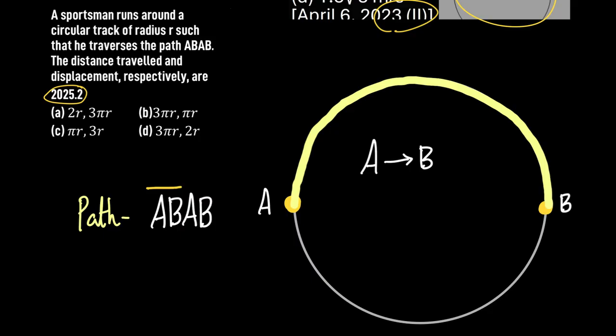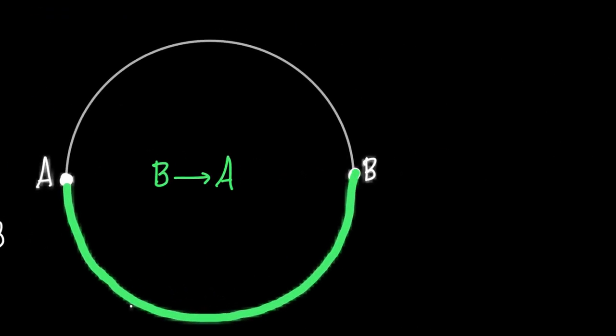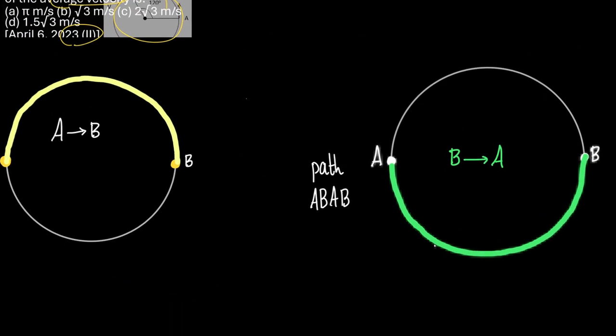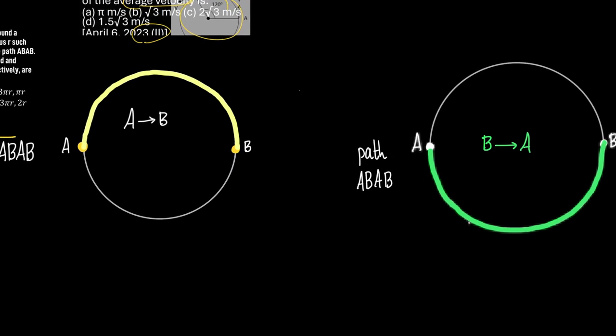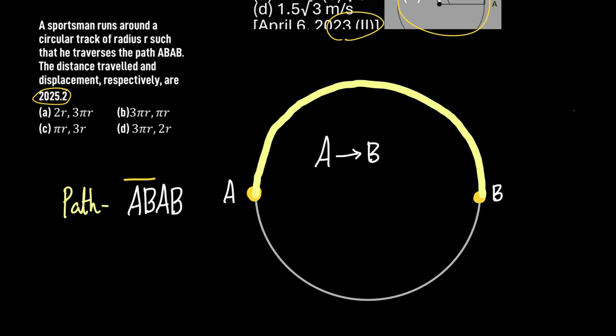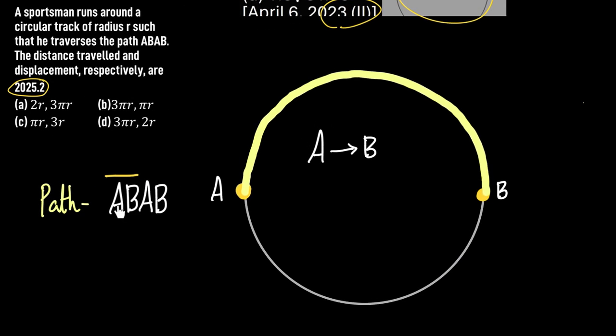Okay. So just to make sure that you get the concept really clear, I'm going to take you through the step by step solution to this question. When we say he has traversed the path ABAB, it actually means the path ABAB has components: A to B, and then again A to B. Let's just break it down further.